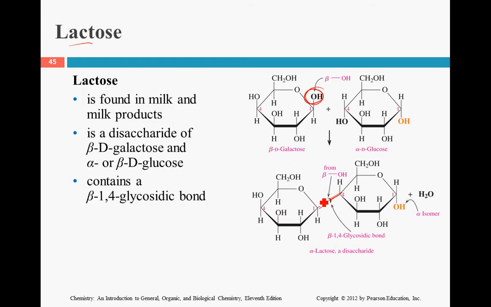These are two glucoses. Now we have galactose and glucose, and that forms lactose. Remember, the fourth carbon is how you tell galactose and glucose apart. With galactose, the OH is on the top. With glucose, the OH is on the bottom.